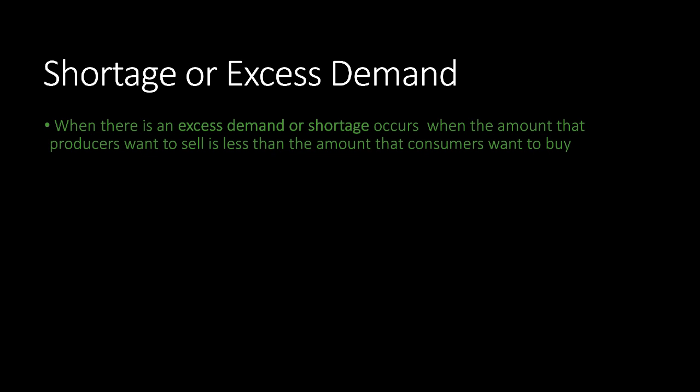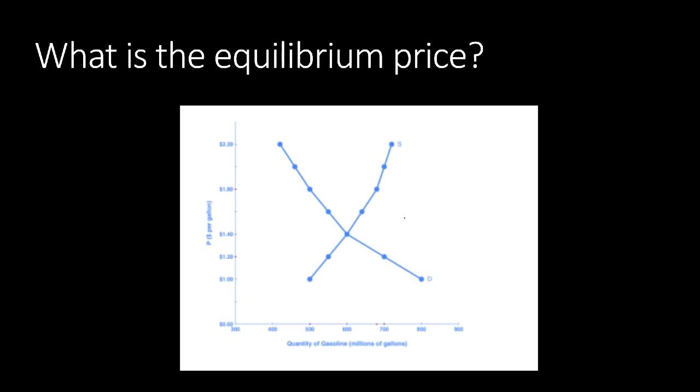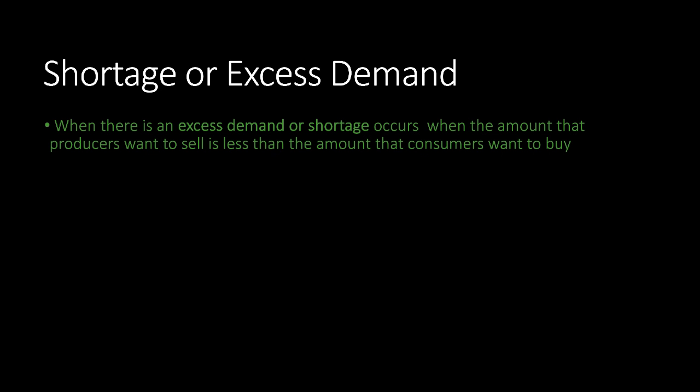Now, when it comes to shortage or excess demand, a shortage occurs when the amount that producers want to sell is less than the amount that consumers want to buy. Anytime the price for a good is below the equilibrium level, so below that point of equilibrium that I showed in the previous slide, here at $1.40, the incentives built into the structure of demand and supply will create pressures for the price to rise.